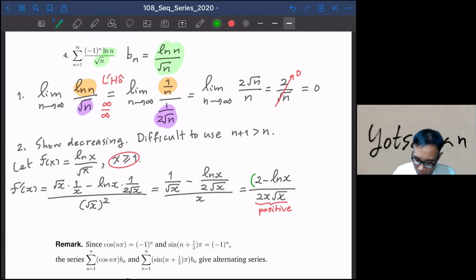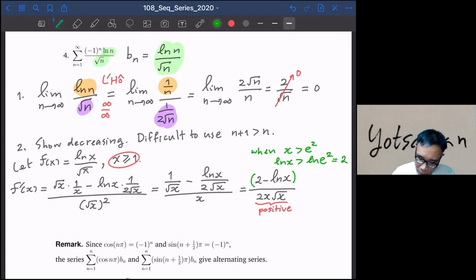This will turn out to be sometimes positive and sometimes negative. However, when x is more than e squared, log x will be more than log of e squared, and this is equal to 2.